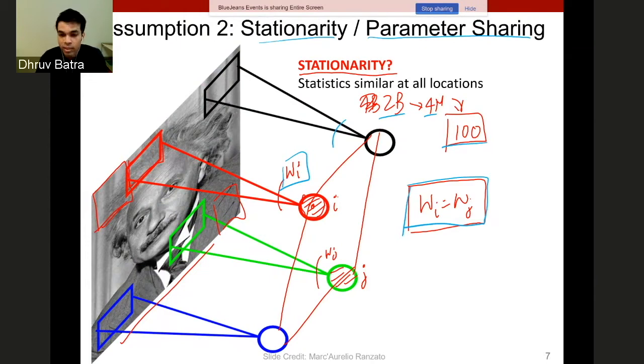You want the activations computed at the next layer to be equivariant, which means that when the input is shifted, the output is shifted as well. Notice that if these parameters were not shared, you would not get that because they are functions of locations. If they were functions of locations, then shifting would not result in shifting of the outputs.